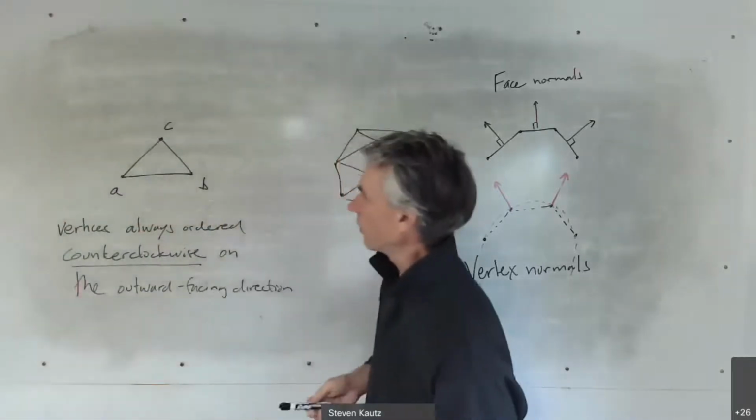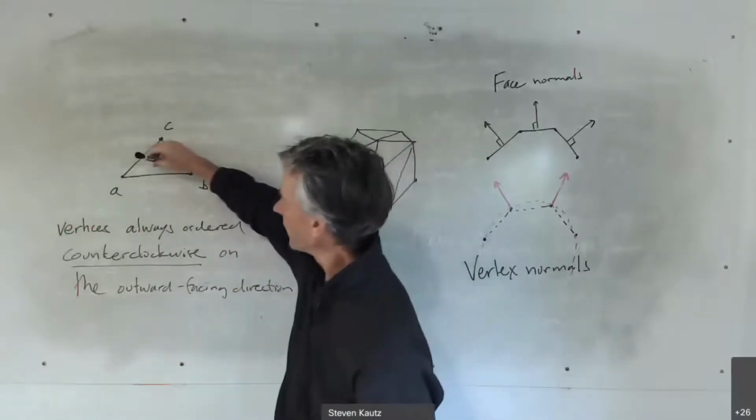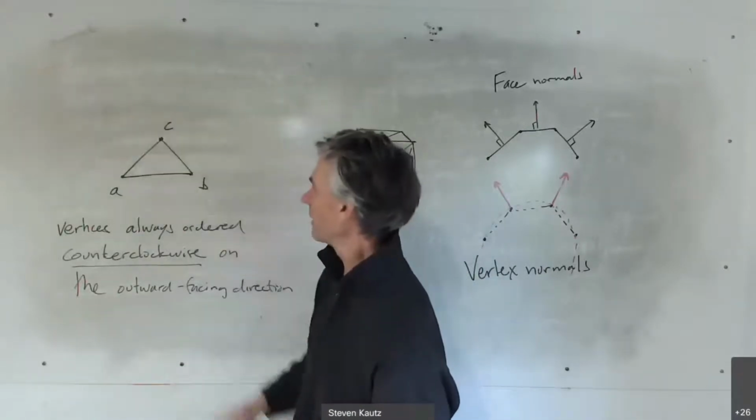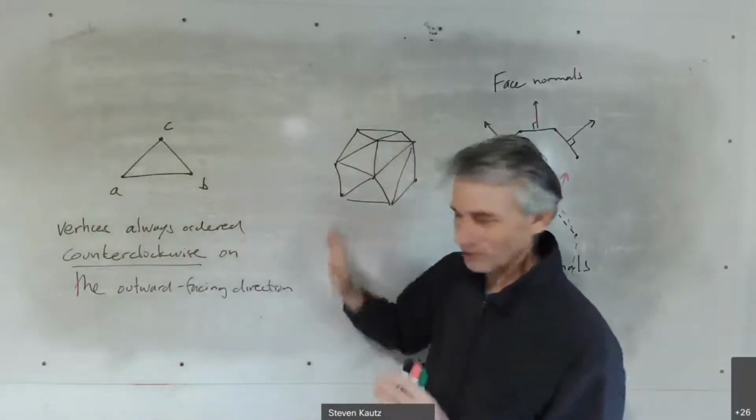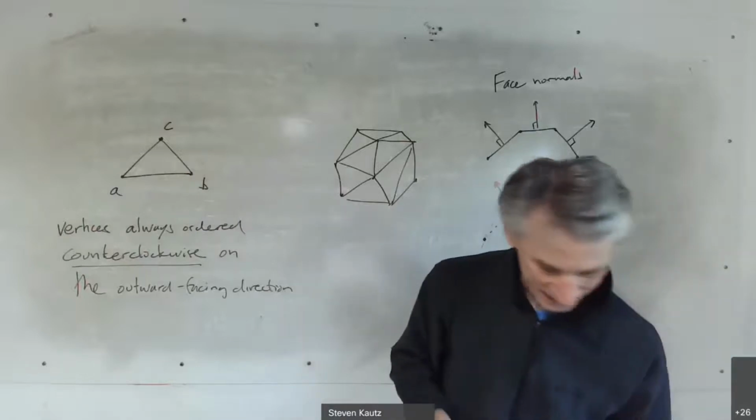So if I say this triangle is ABC, I mean that it's facing this way. If I said it was ACB, it means it was facing that way. And that'll make a tremendous difference, as you'll see in a second.